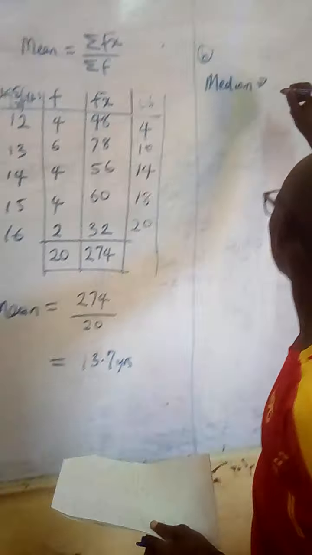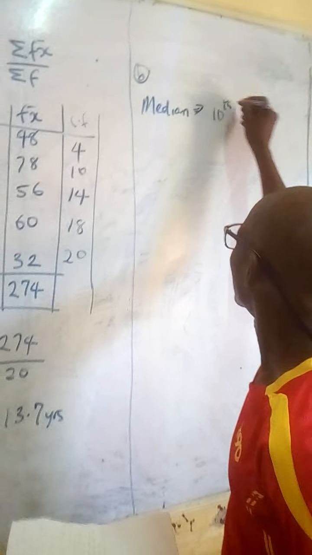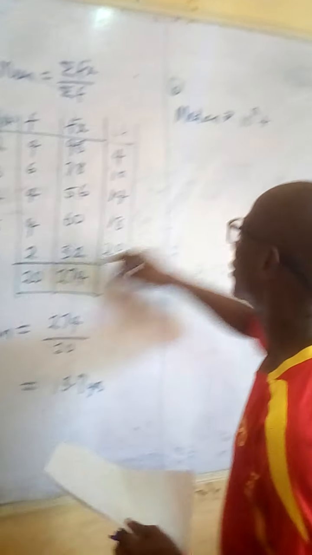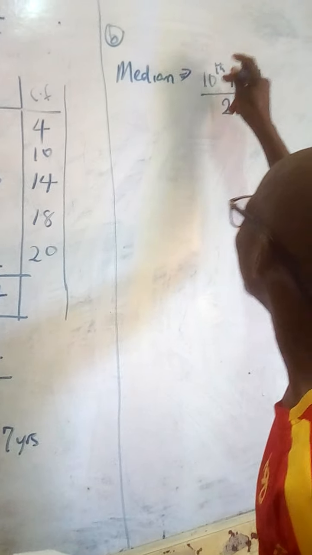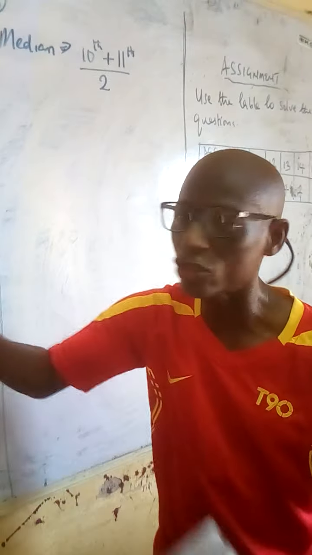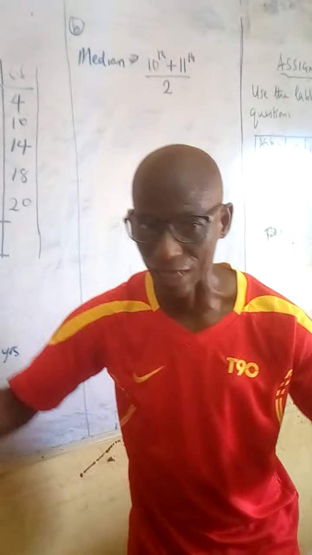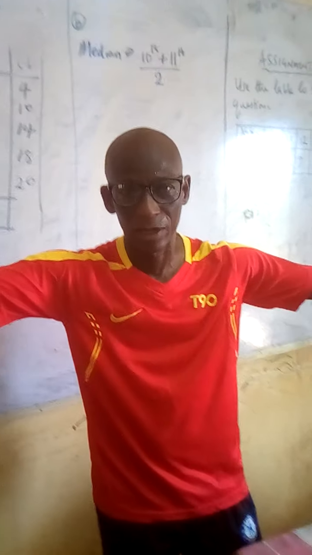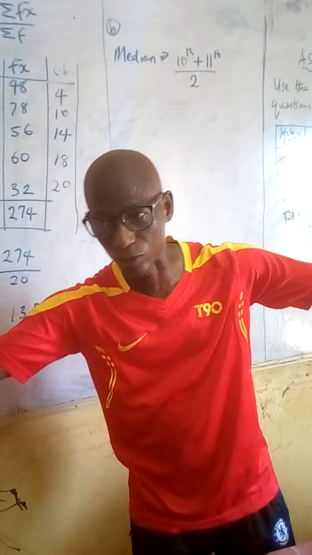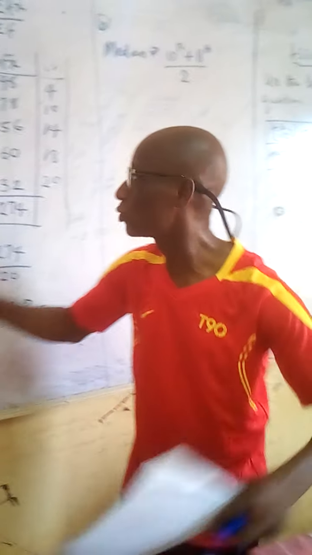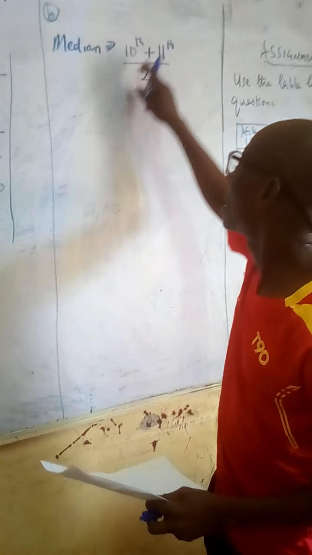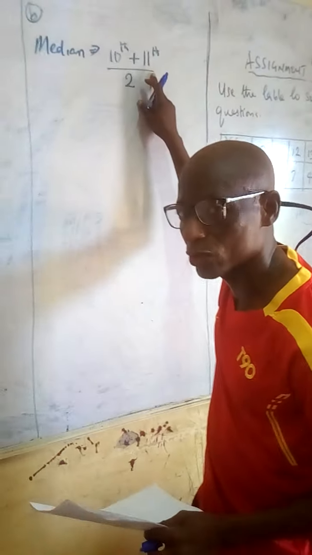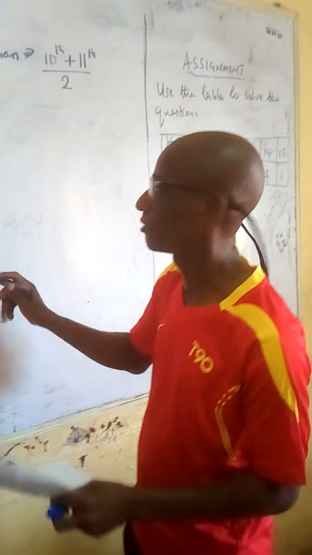Half of 20 is the 10th, plus the next one, which is the 11th. That is talking about the position of the data when you arrange them in order from the least to the highest. So the middle data is the data occupying the 10th position and the data occupying the 11th position. We add them together and divide by 2.